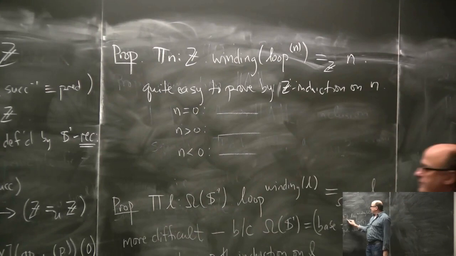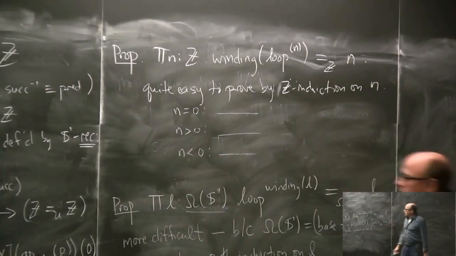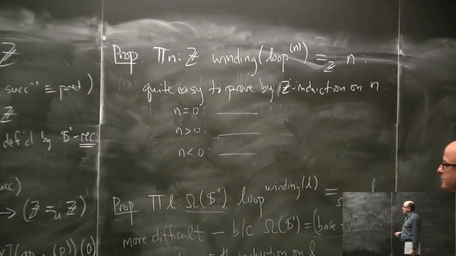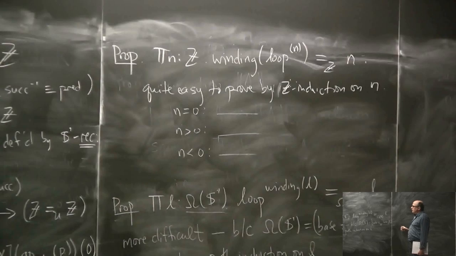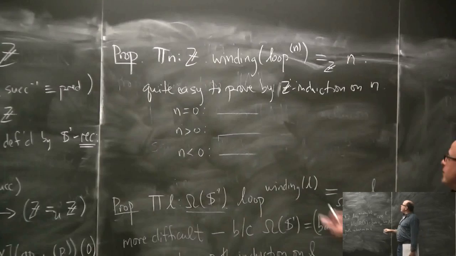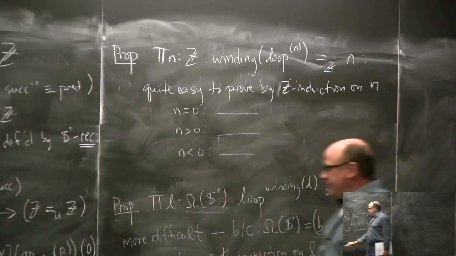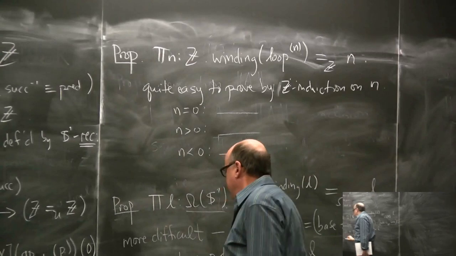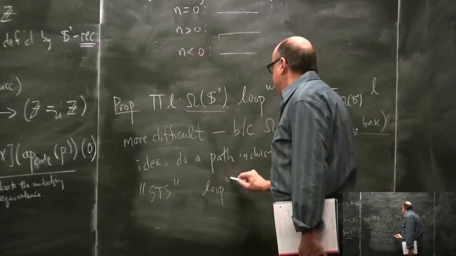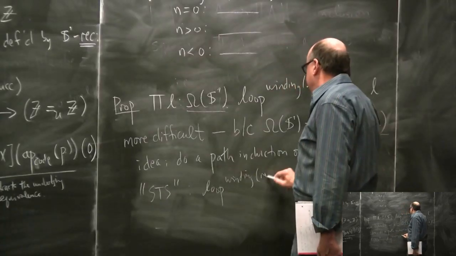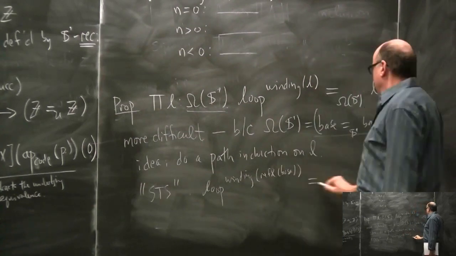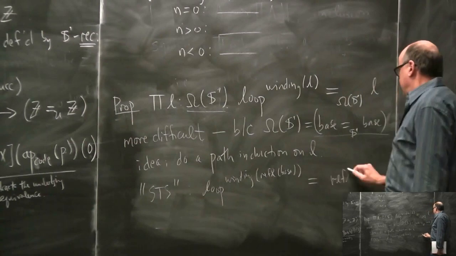Because I've got a path in a space, and I want to define a mapping out of the paths in that space. If you're a little too facile, and you don't have a computer to check you, you might say to yourself, it suffices to show, which you can tell I'm signaling is not true, that loop to the winding of reflexivity at base is equal to reflexivity at base.